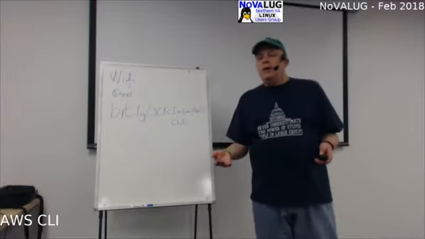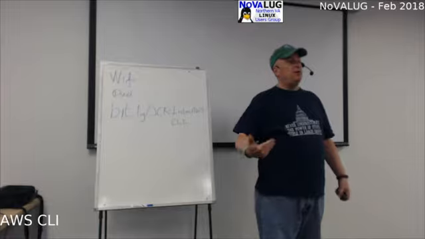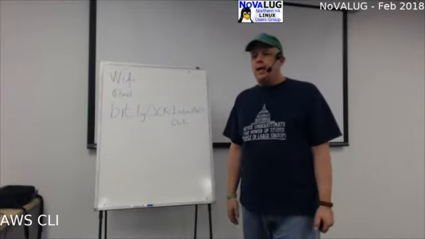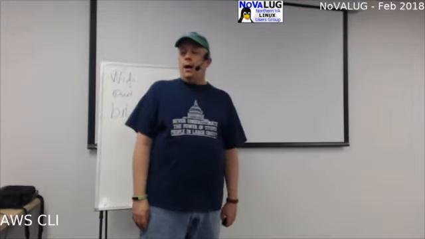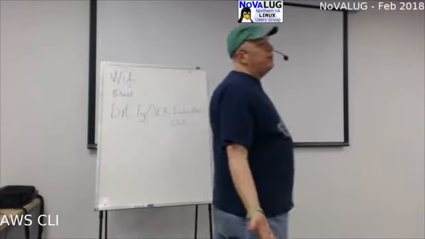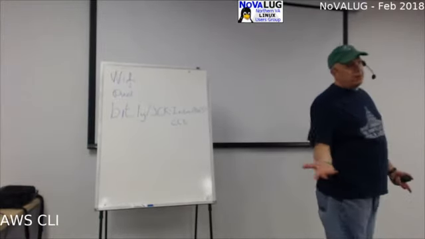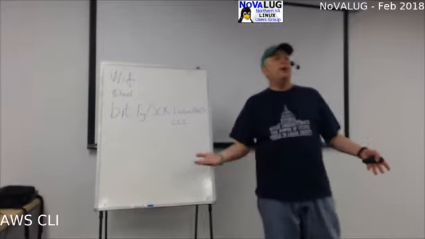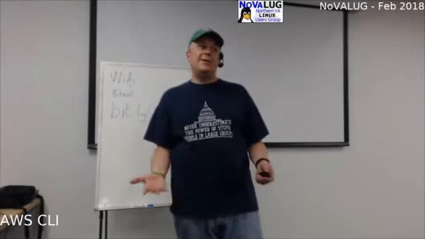So if you want to make sure that a command is going to do what you think it's going to do, throw --dry-run and it'll tell you. There's --quiet and --only-show-errors, which should be self-explanatory. Either it shows nothing or it only shows errors. If you say quiet and it has an error, it's not going to show you.